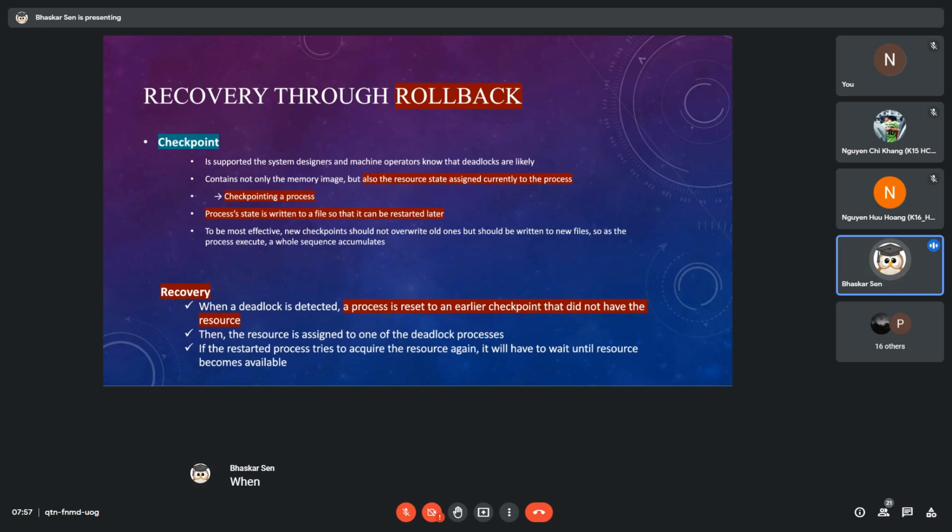When a deadlock is detected, a process is reset to an earlier checkpoint that didn't have the resource.